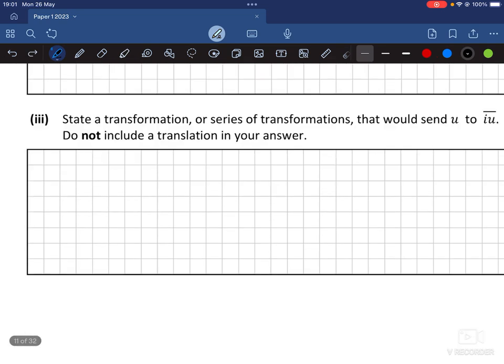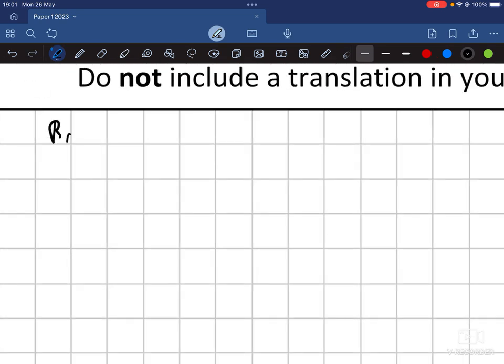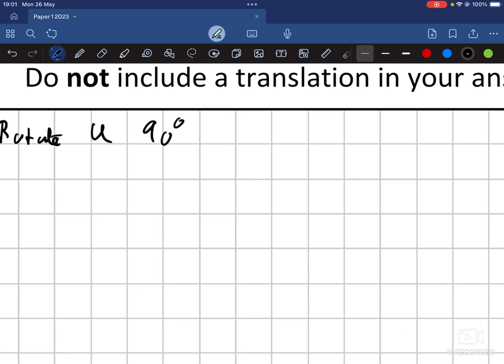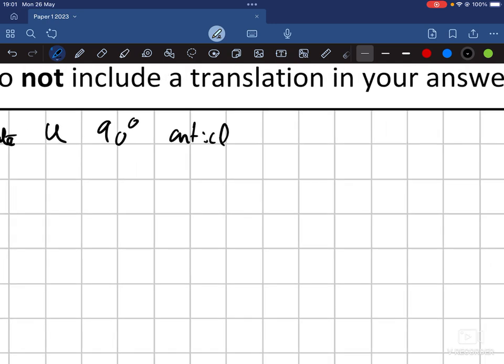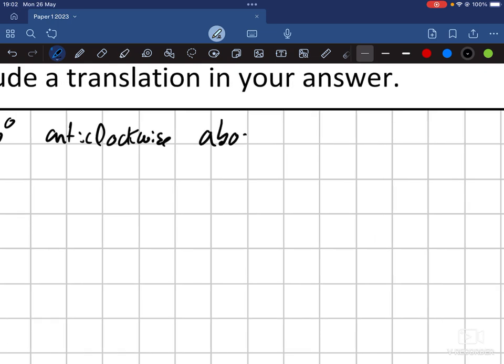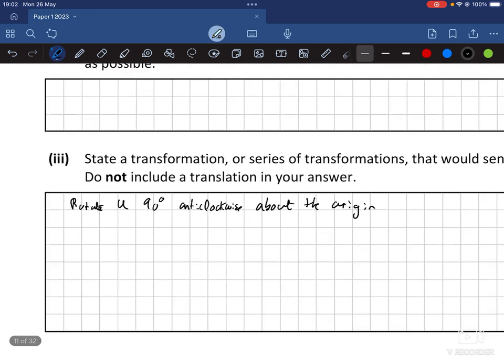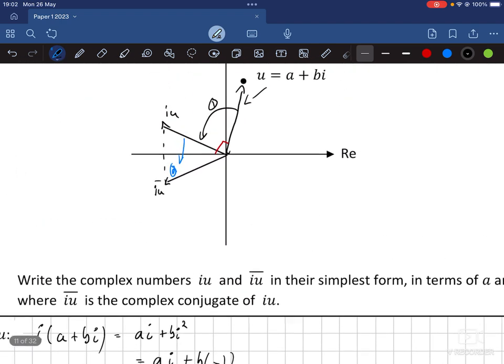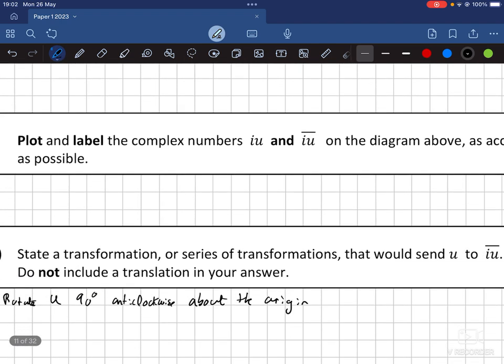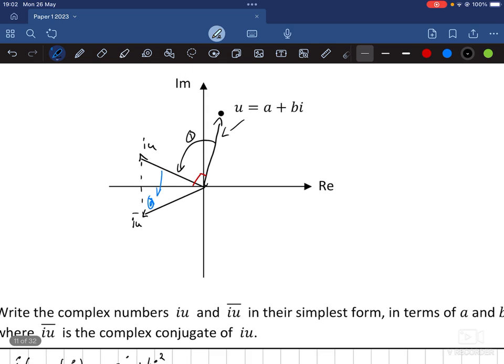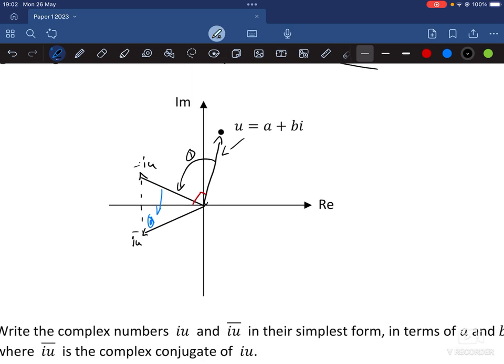So we are going to rotate u 90 degrees anti-clockwise. And I'm going to say about the origin, just to say how to do it properly. We're going to rotate u 90 degrees anti-clockwise about the origin. So what that does is it sends it to iu, okay?